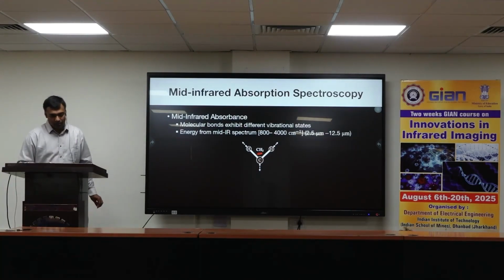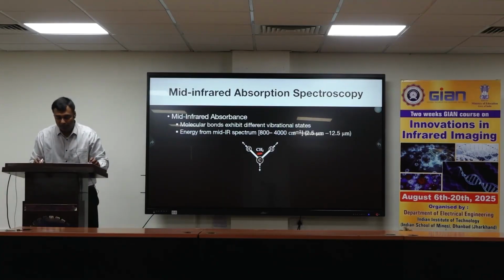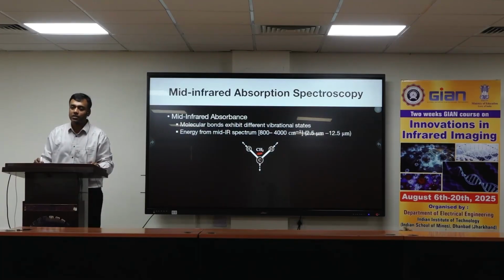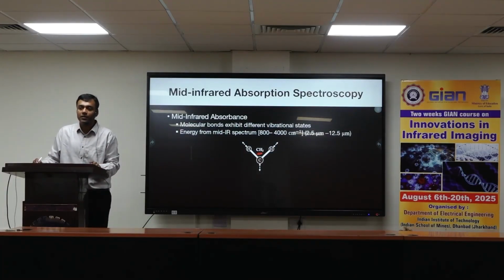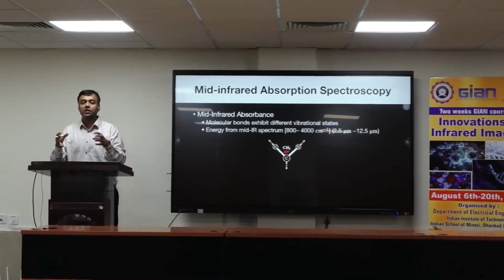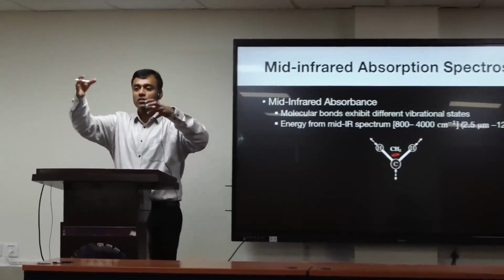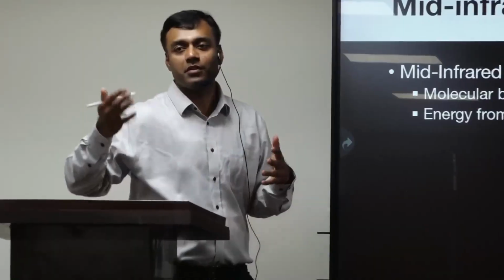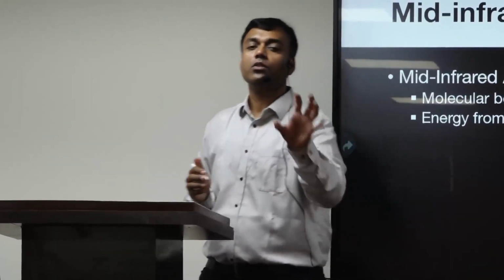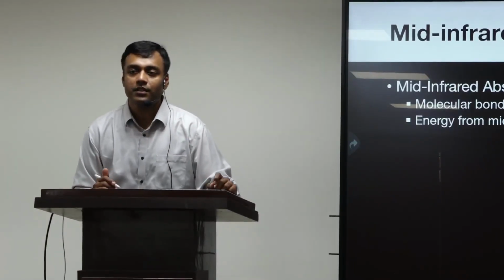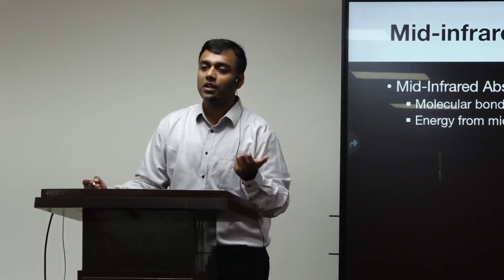In fact, a society that I am involved in, called the Coblentz Society, initially did this work and has a compilation of all these spectral databases. You use algorithms for database matching: the unknown spectrum is matched to this library of spectra. That way you can figure out that this is this chemical or this molecule. So you can identify unknown chemicals.